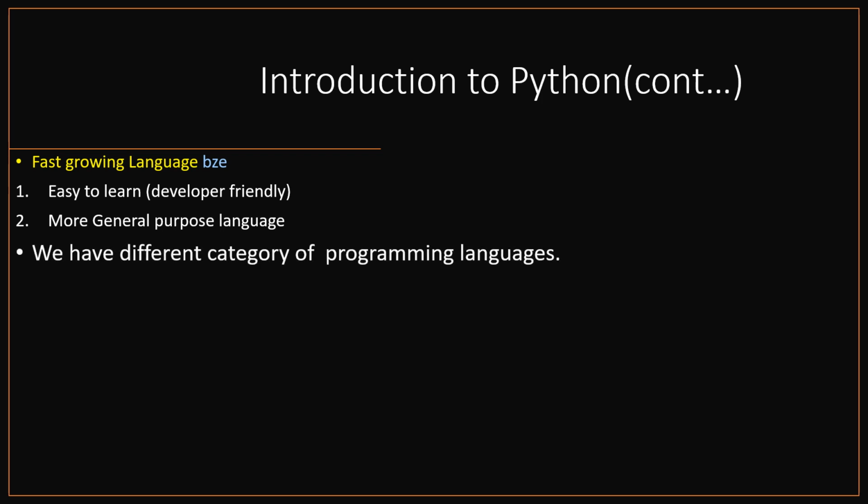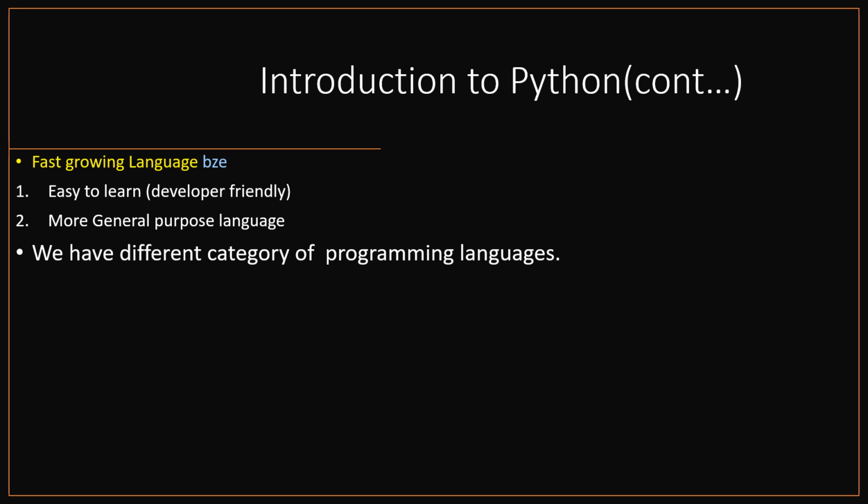See, we have different categories of programming languages. So now the question that comes is, how can you categorize a programming language? The answer is you can categorize in many ways and one of the ways is based on the purpose.